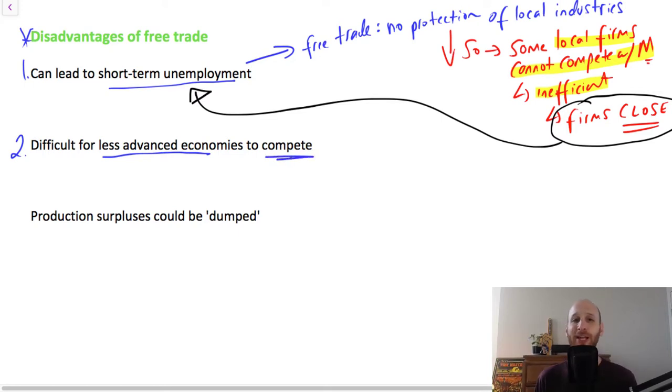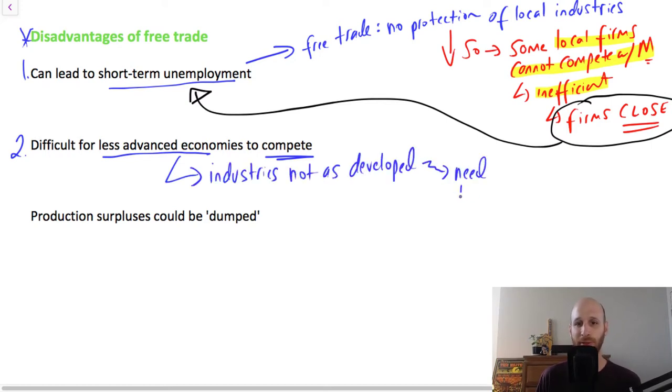So what do we mean by that? So the idea is that in some less advanced economies, maybe some industries they have are not as developed. They're just starting out. What we might call them are infant industries. They're little baby industries that have not yet developed.